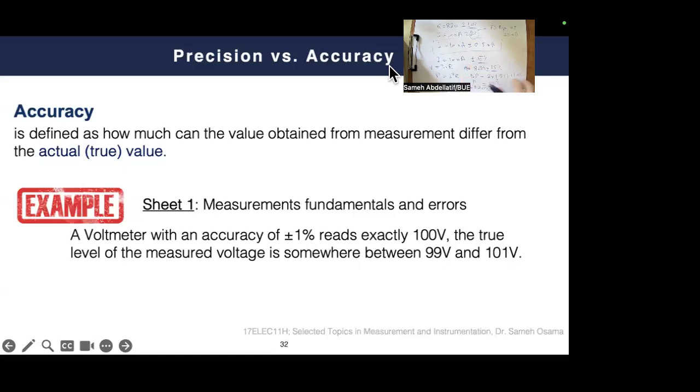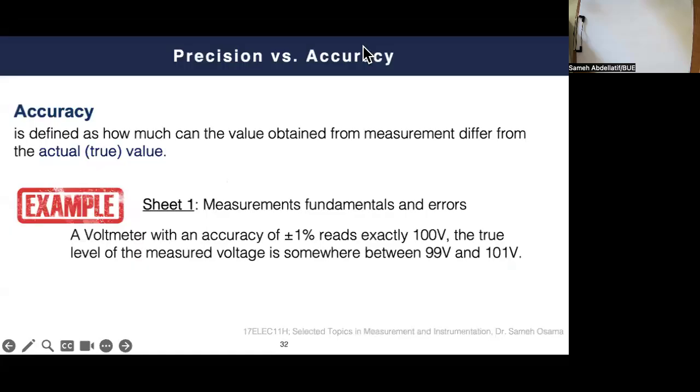So let's see this example. We have to turn sharing off so that we can see the camera in full screen.